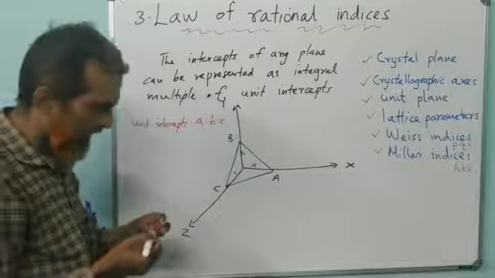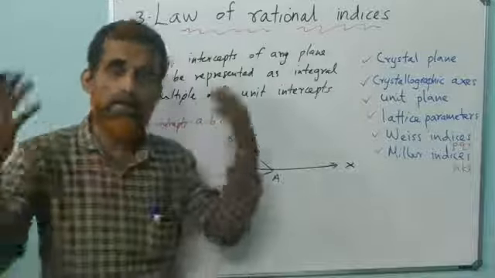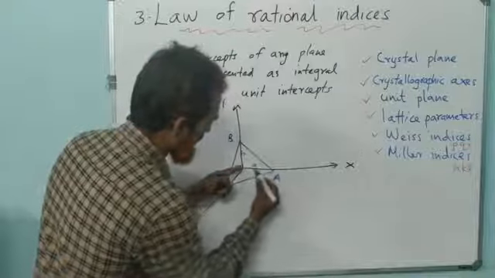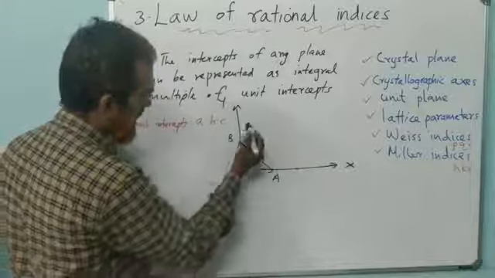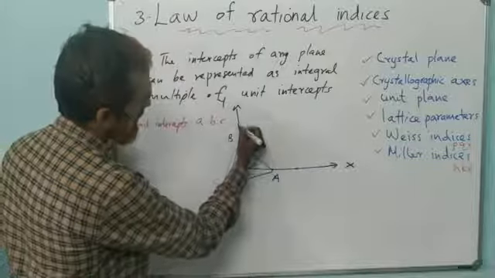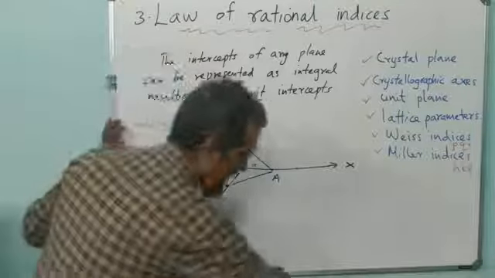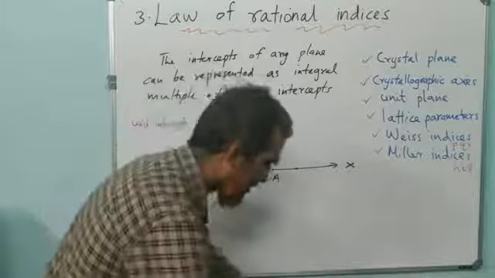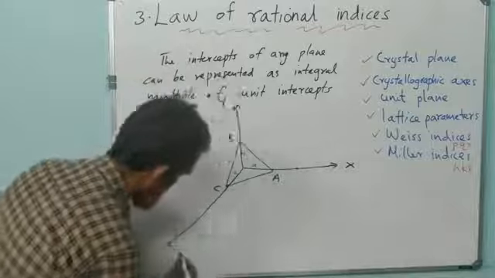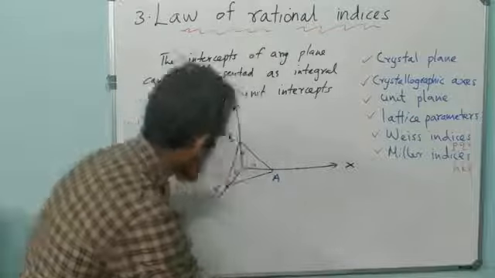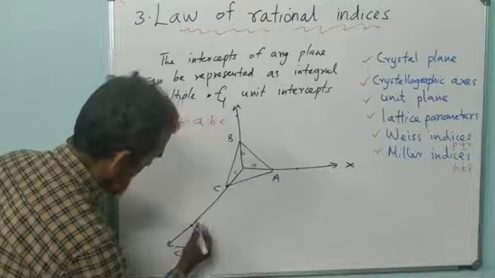Okay. Now let me draw another plane. I am considering another plane in the crystal. Suppose it is like this. I am marking one point here. There is a particle there. And suppose there is a particle over here. And let me extend this a little more. This is the Z axis, and suppose it is here, like this is 3C, for example.